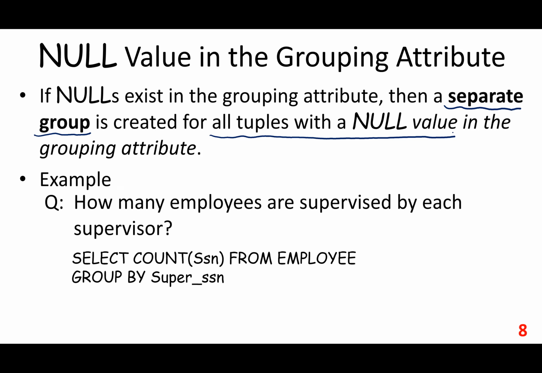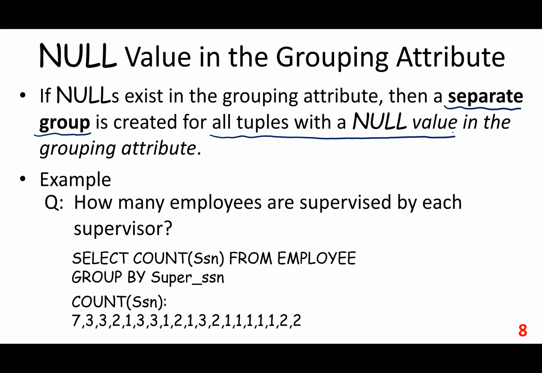And then we count. Count parenthesis SSN from employee group by super underscore SSN. Super underscore SSN could take the null value. All those employees with null value for super underscore SSN, we put them in one single group. Then we apply the count function on that single null value group.